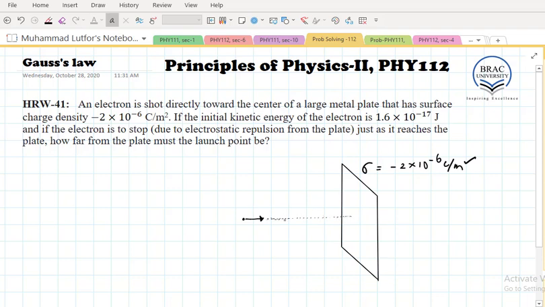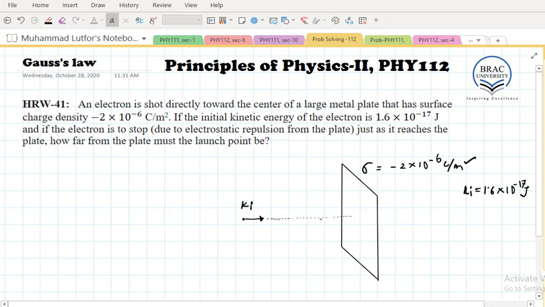The electron starts with the kinetic energy Ki, the initial kinetic energy, which is 1.6 into 10 to the minus 17 joule.